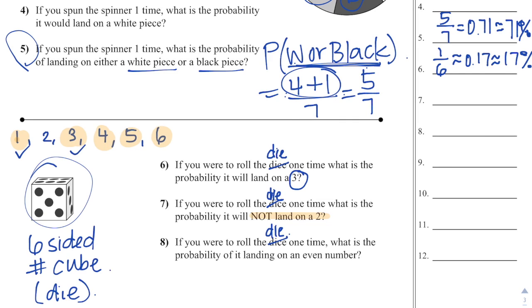So that's 1, 2, 3, 4, 5 numbers out of 6. Okay, so the probability of not landing on a 2 is 5 over 6. So 5 over 6 as a decimal is 0.83, which is about 83%.